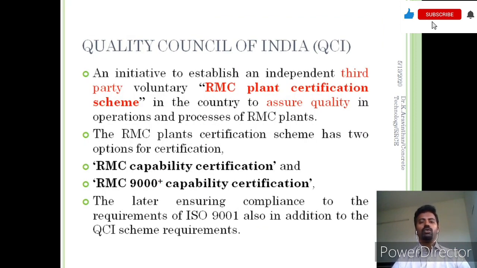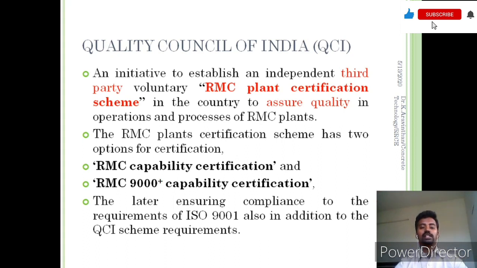In order to achieve the quality of a ready mix plant, the Quality Council of India, that is QCI, is an initiative by the central government of India for all ready mix plants regarding certification. So if a proprietor is interested to start an RMC plant, he has to get the certification from the Quality Council of India regarding two aspects: RMC capability certification and RMC 9000 plus capability certification.